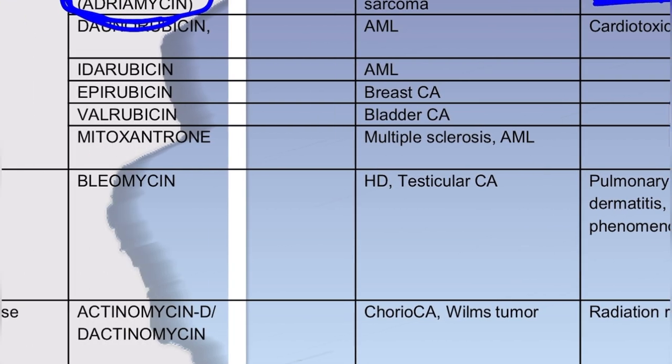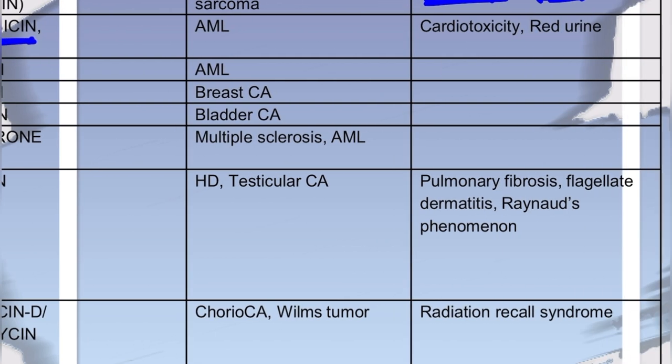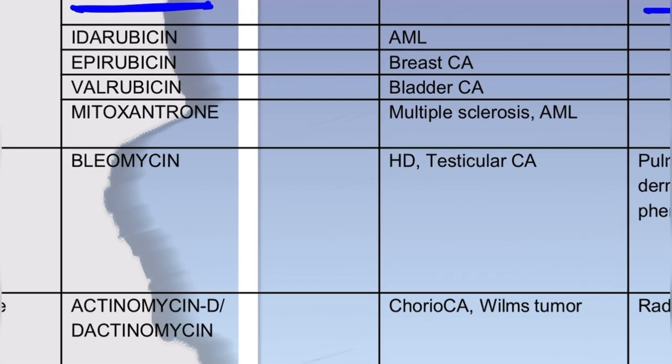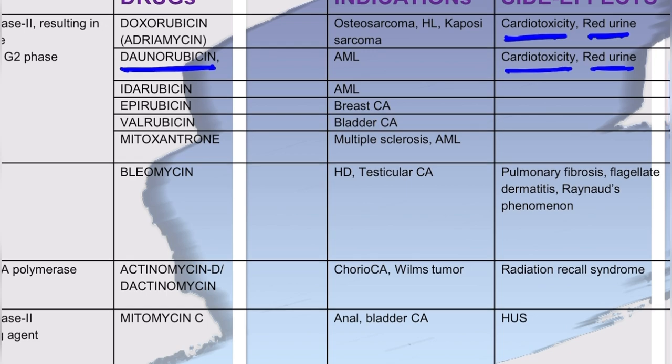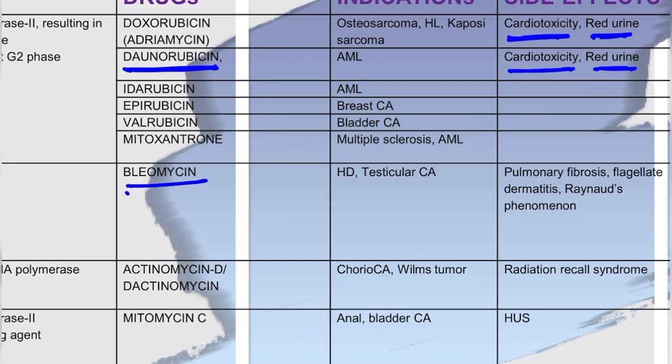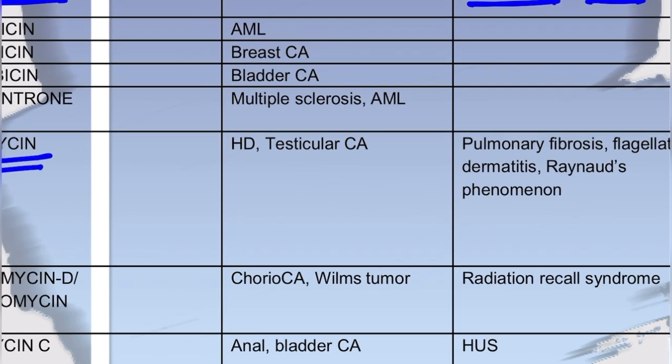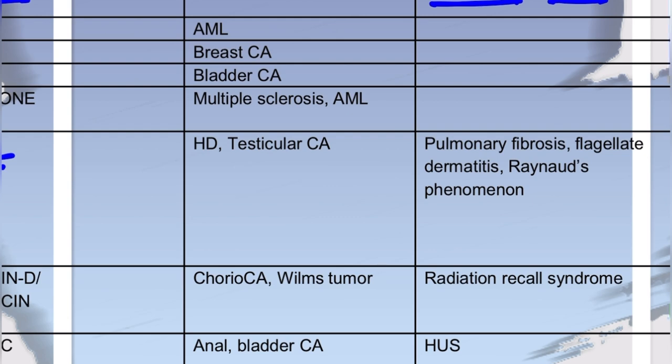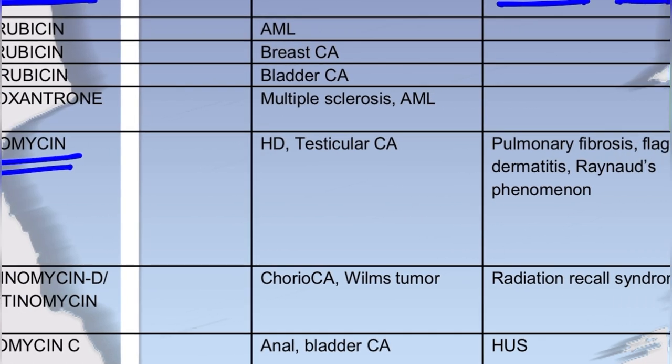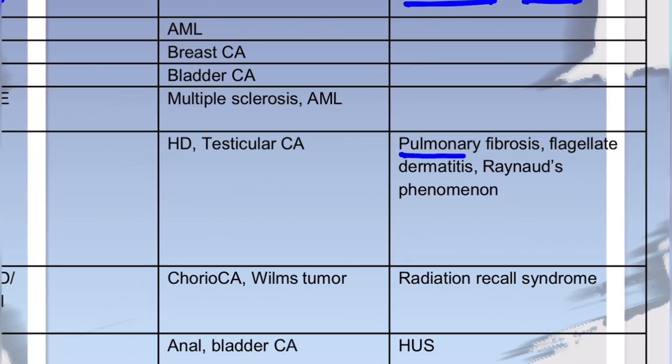Okay. Next, daunorubicin. Here also side effects are cardiotoxicity and red urine. Next, my suggestion is remember bleomycin. I have already discussed that bleomycin causes pulmonary fibrosis.